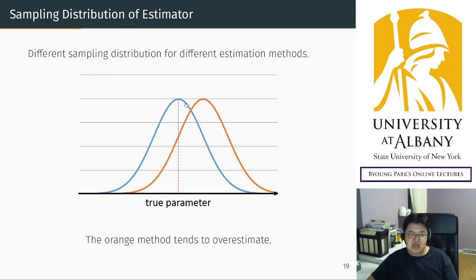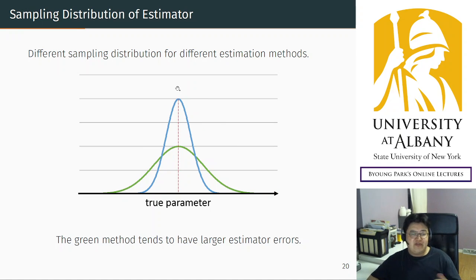So the blue estimator is correctly centered around the true parameter, but the orange is not. So the orange is toward a larger value. So it's overestimating, which is not ideal. So if you compare these two estimators, I would choose blue. Blue is better.